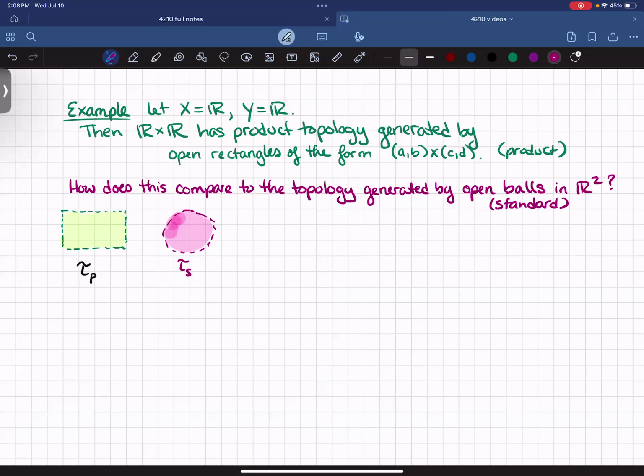How are these related? Well, I have a couple of claims to make here. Claim one is that every open rectangle is a T sub S neighborhood of each of its points.